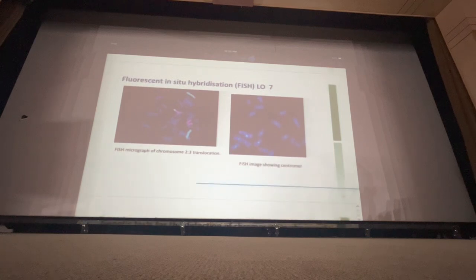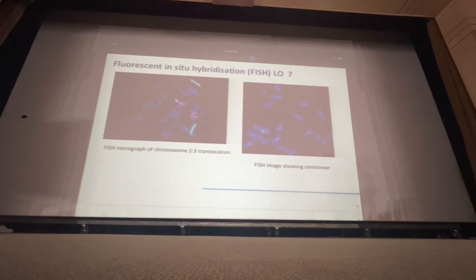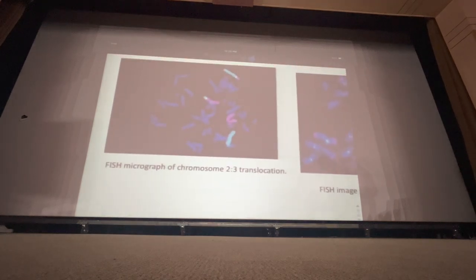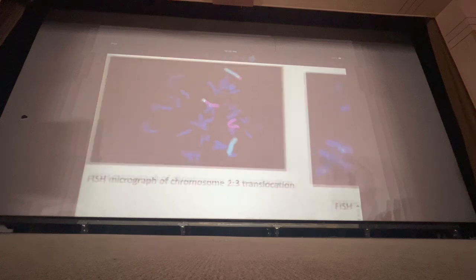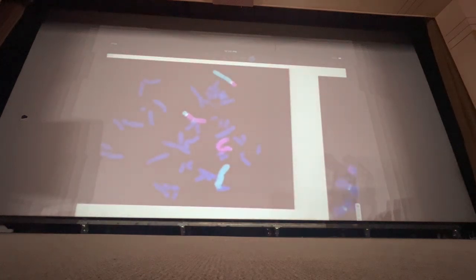Here we can see also fluorescent in situ hybridization. So this is a FISH micrograph of a chromosome 2 to 3 translocation. If you see, this is the translocation.